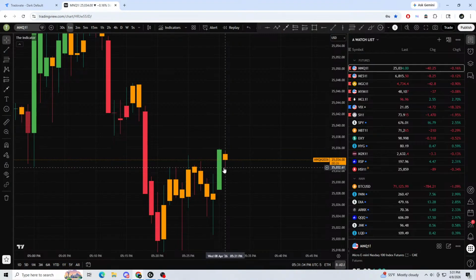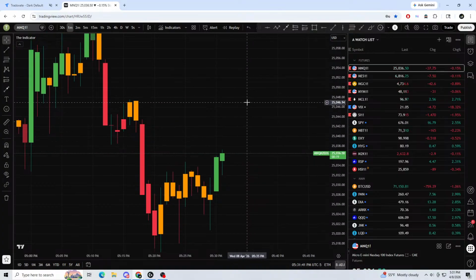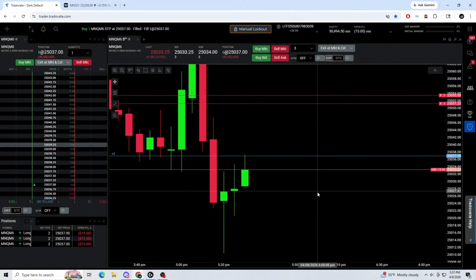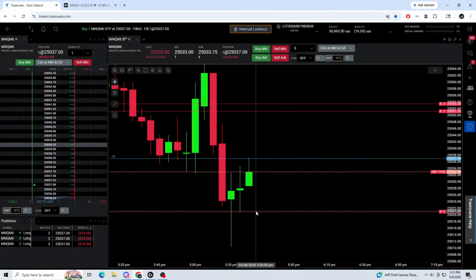Above 37s, we would be in a bullish momentum, so I would get in with the market. Okay, so tag me in. Let's see if we get some bullish pressure.